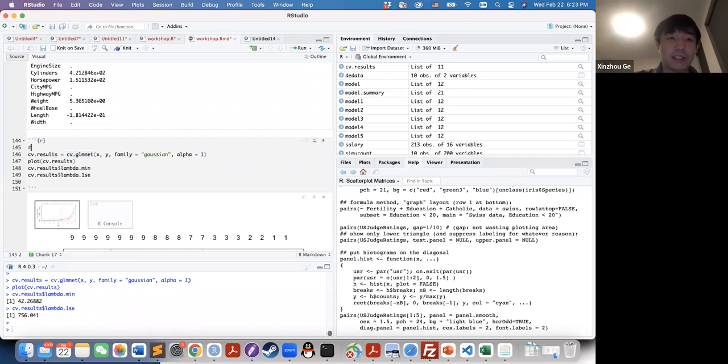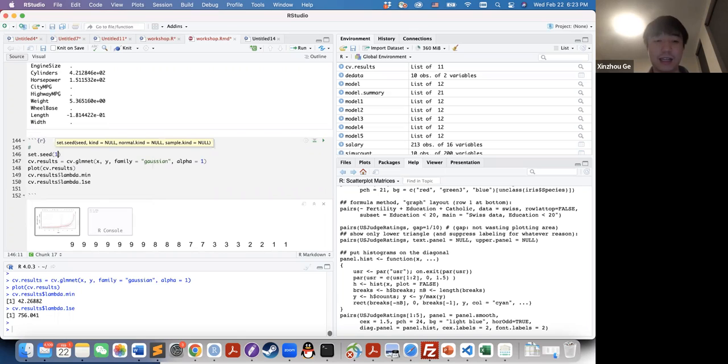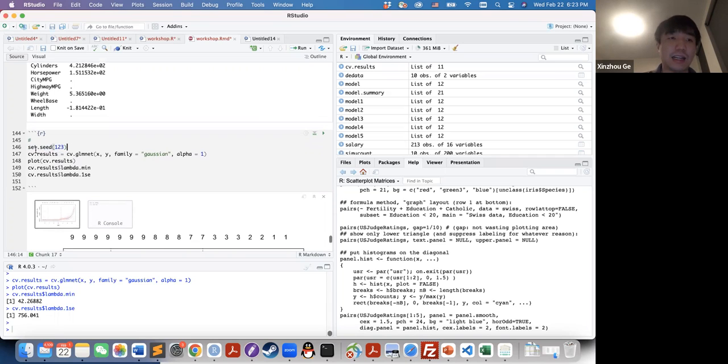And one way to avoid the randomness is to set a random seed to make sure that all the analyses are reproducible. For example, we can add a function called set.seed, and this is just a random number I picked, and after we set the seed, all the random things in the whole procedure will be fixed given this random seed, so that we can make sure that all the results are reproducible.